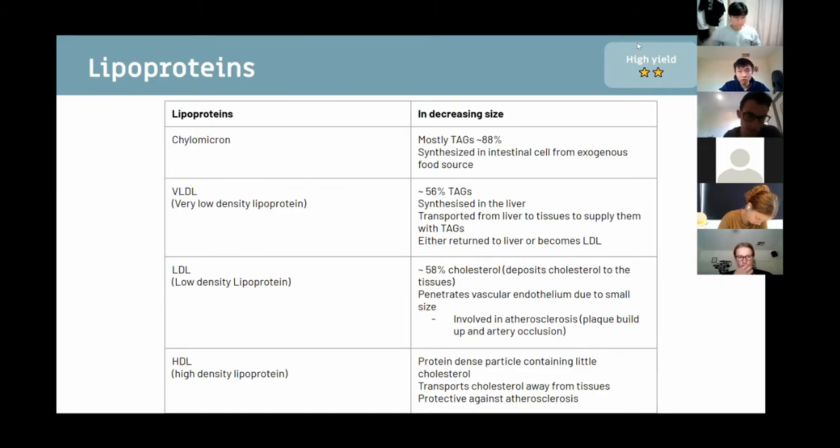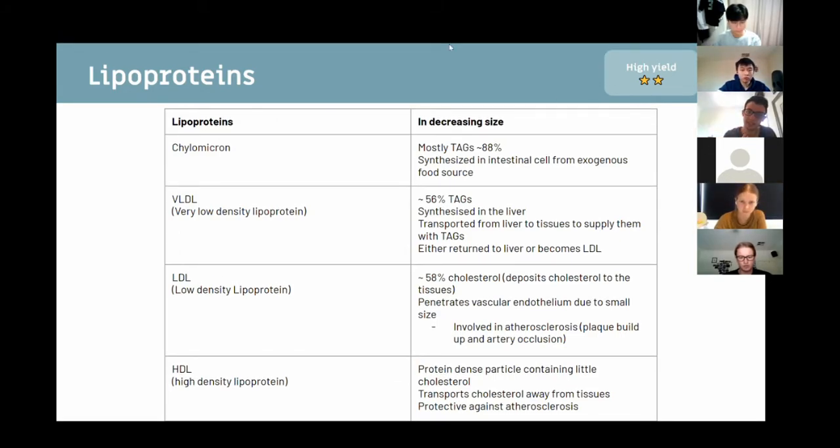4 big types of lipoproteins to know. When you eat your food, the fatty acids will diffuse across the enterocytes, which are in your small intestine. We'll package them into chylomicrons, which are mostly TAGs, 80% TAGs. These will drain into the lymphatics because they're too large to go into the blood vessels.